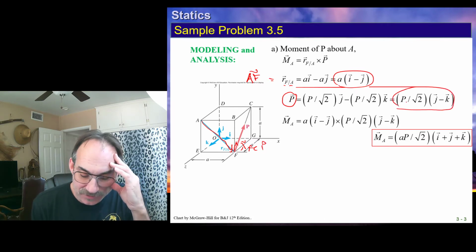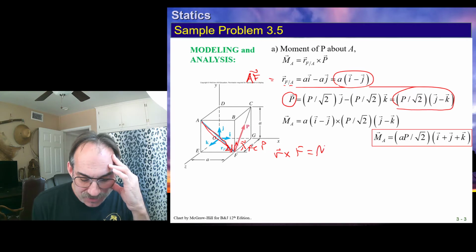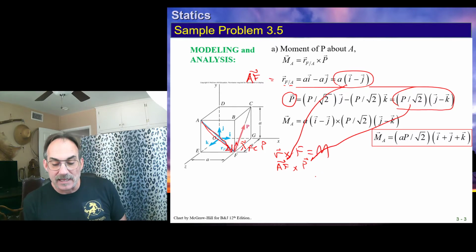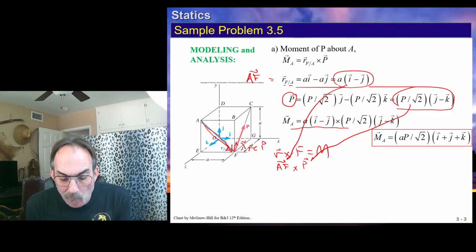We found that to be this. Now we have R cross F equals M. So R is just our AF vector, and we're crossing it with our P vector. That's this one and this one. When we take that cross product, that's what's done right here.